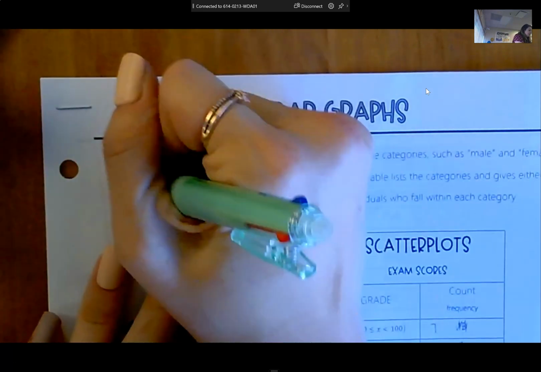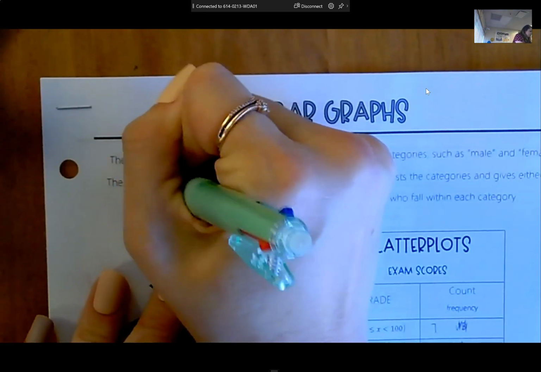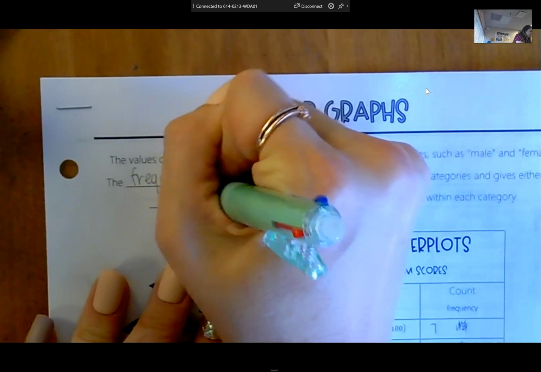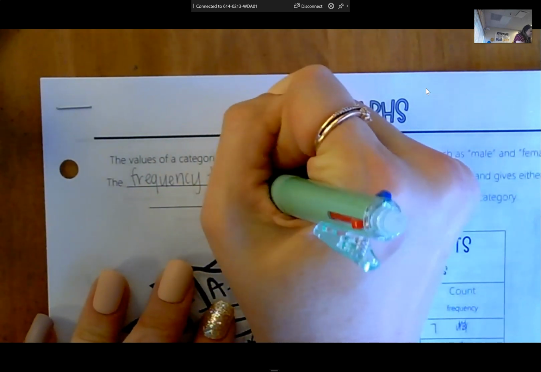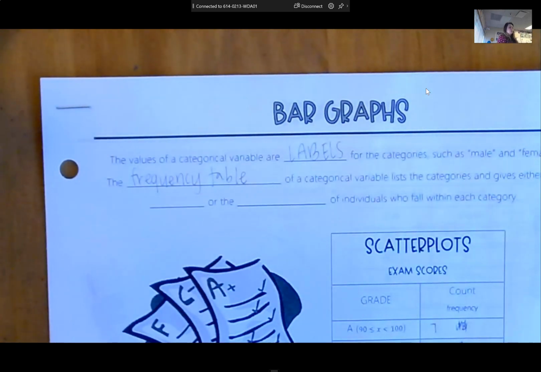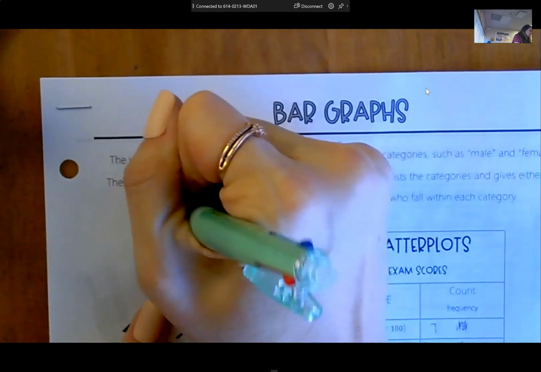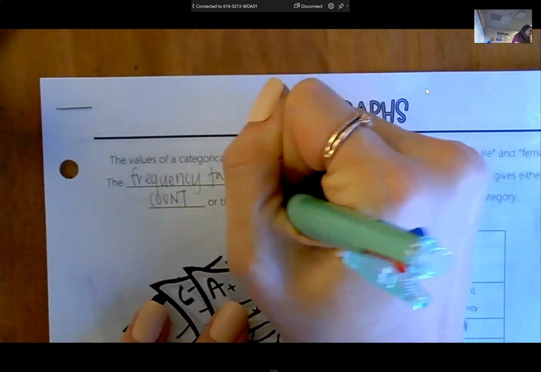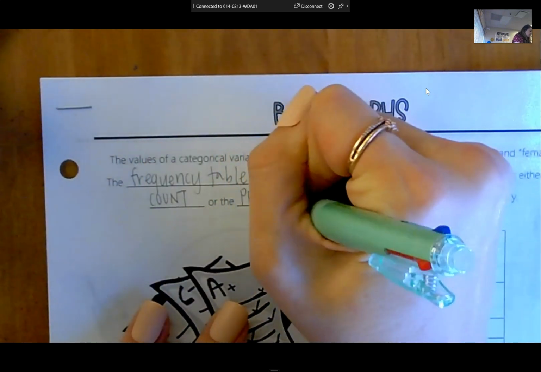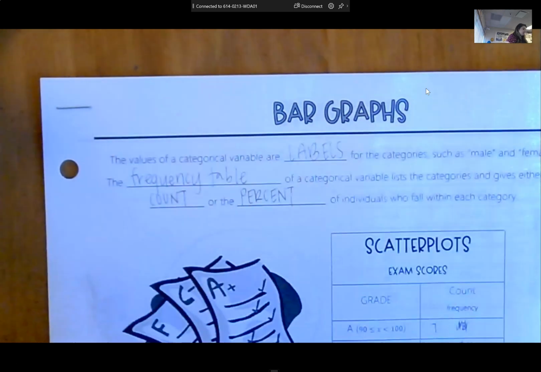The frequency table, which is really just a table. The frequency table of a categorical variable lists the categories and gives either the count or the percent of individuals who fall in each category.